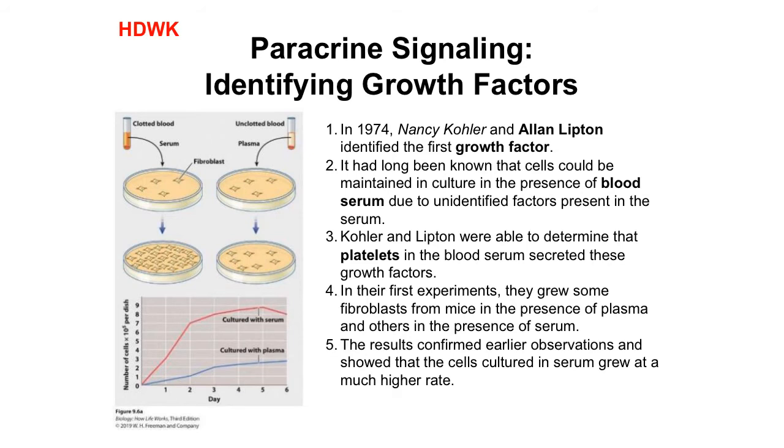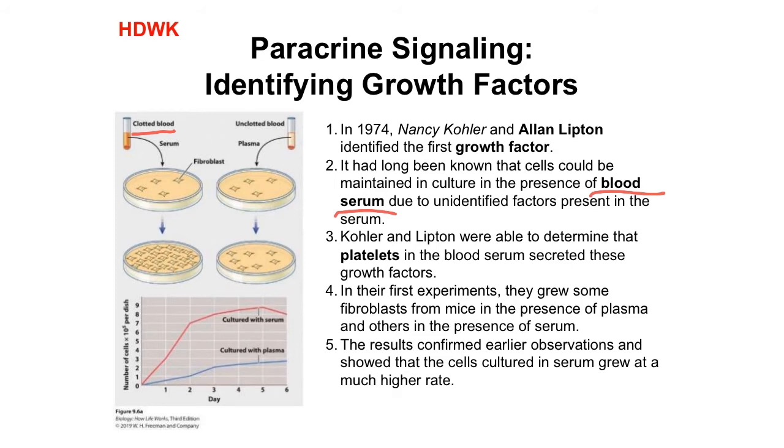And in 1974, Nancy Kohler and Alan Lipton identified the first so-called growth factor. And it had long been known that cells could be maintained in culture in the presence of blood serum due to unidentified factors present in the serum. A serum is simply the liquid portion of clotted blood, whereas unclotted blood has a medium that we call plasma.